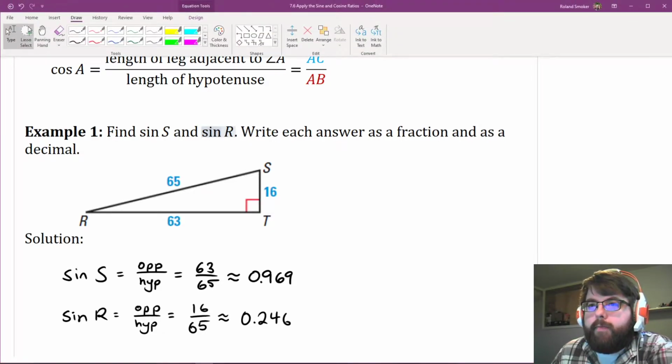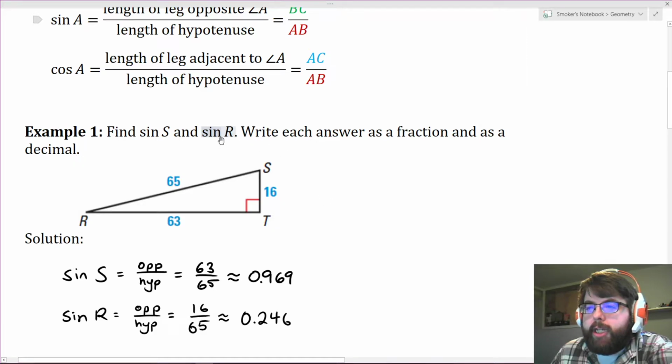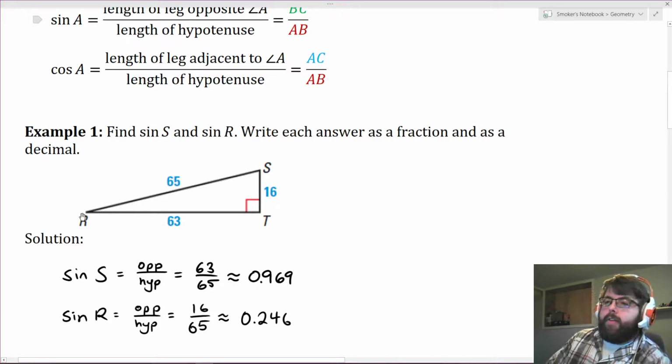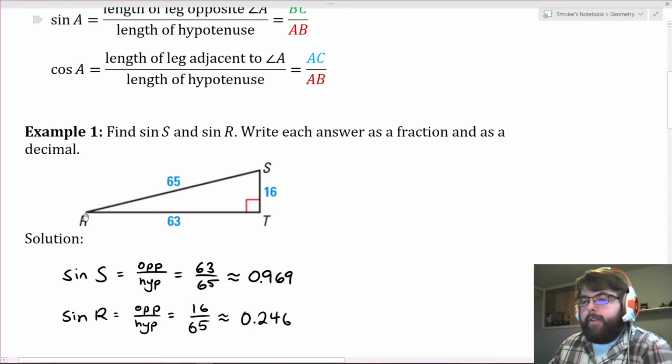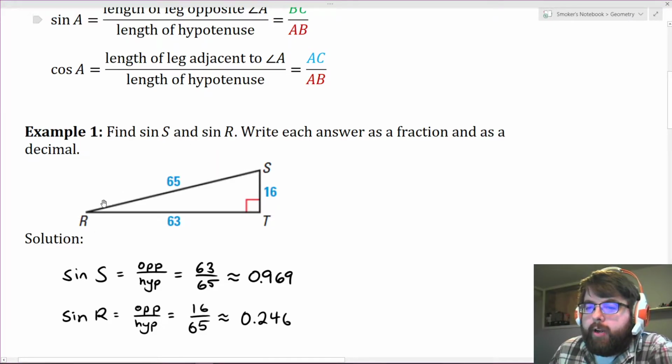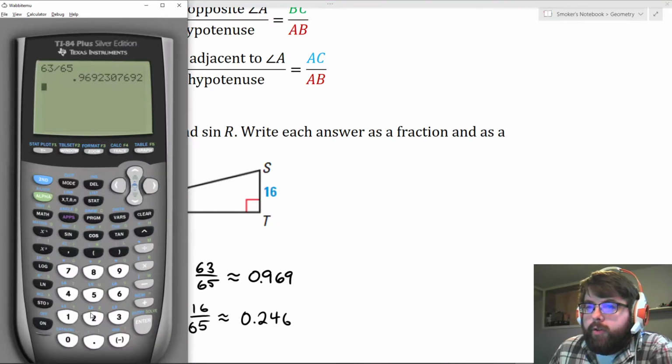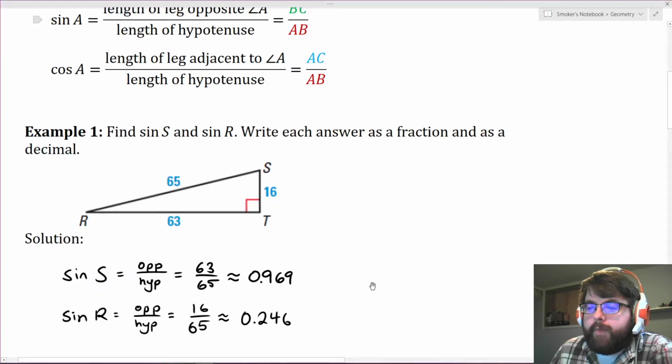So we're changing the angle we're looking at, from S to R, but we're going to keep sine as the function we're looking at. So now that we're looking at r, we're still doing sine, so it's opposite over hypotenuse. So 16 over 65. On your calculator, you do 16 divided by 65, and that is the ratio.